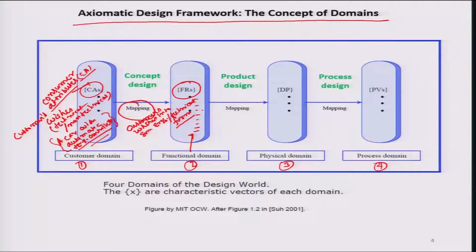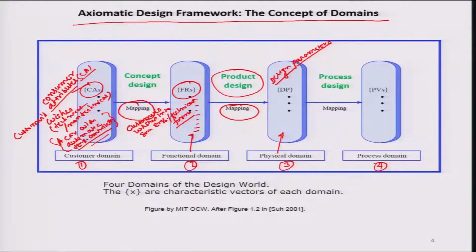Okay, after that these functional requirements will have to be mapped again for designing the product, and this comes into the physical domain. Here DP is for design parameter. How will your requirements be fulfilled? So you will have to select design parameters for that.